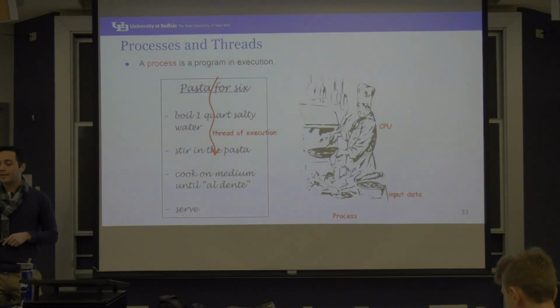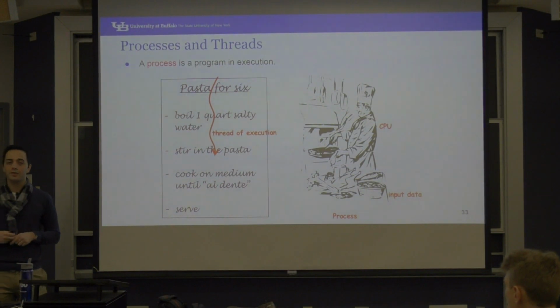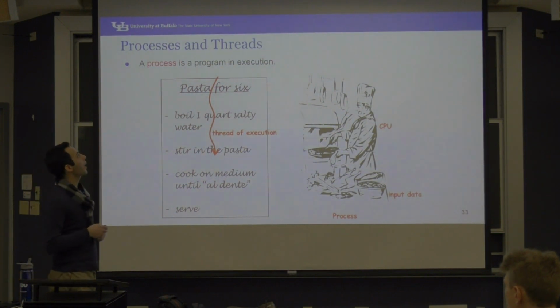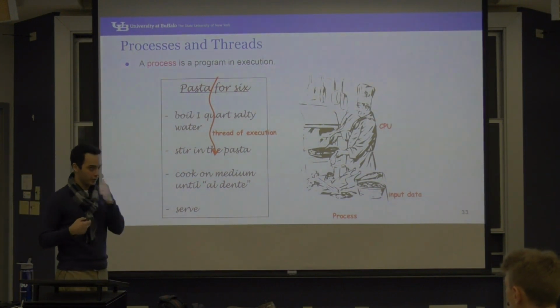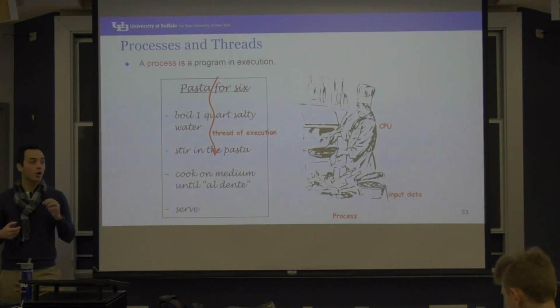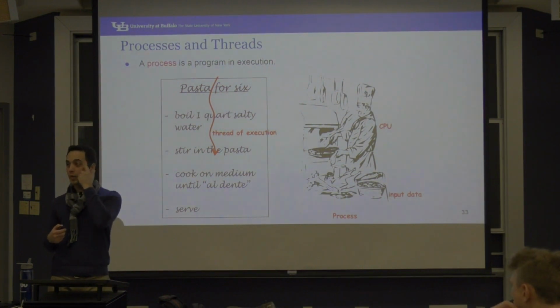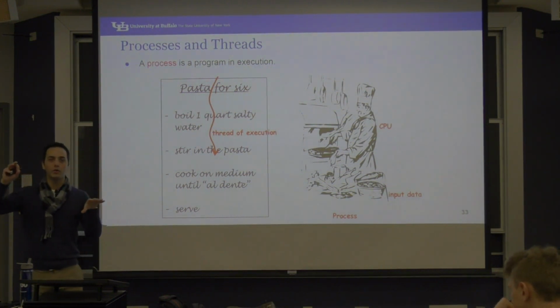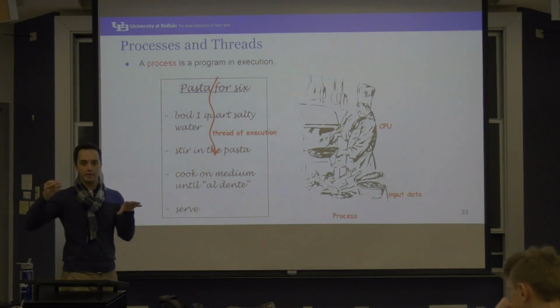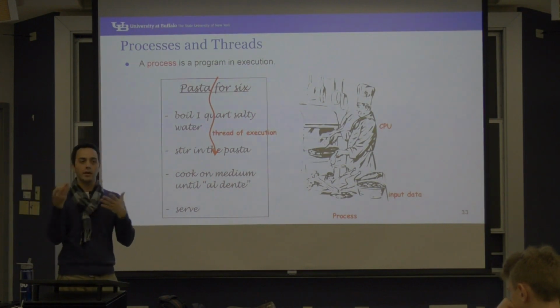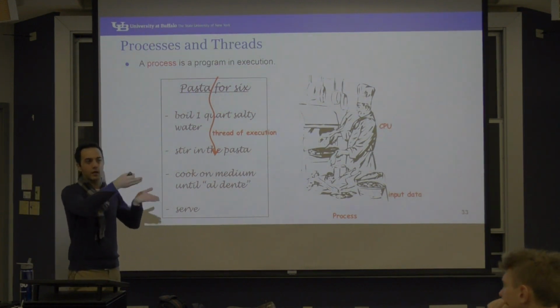So a process, when we talk about processes and threads, is a program in execution, right? Basically, the core of a process is just a piece of code. You remember when we talked about the code and CPU, right? The CPU doesn't know what a process is. It just runs. That which the CPU runs is called a process.